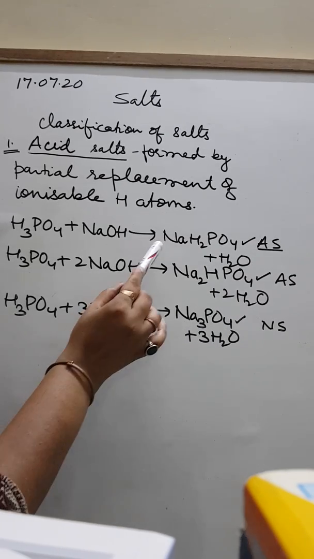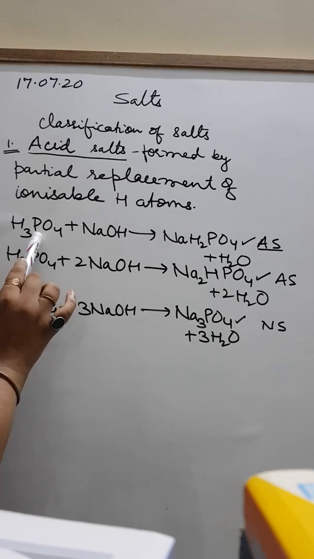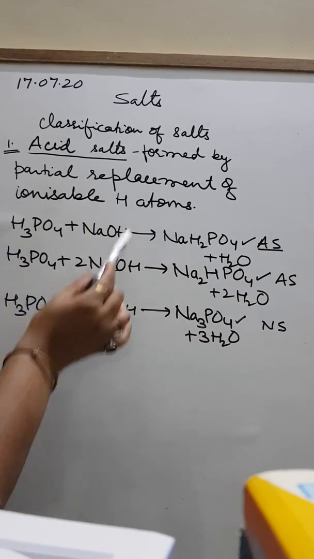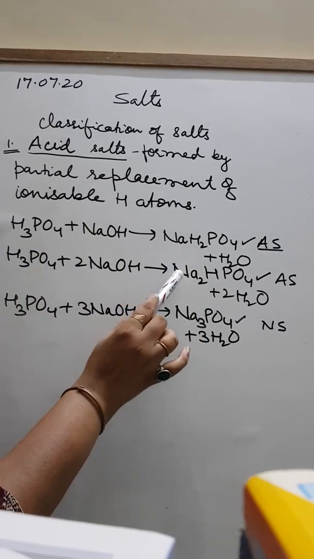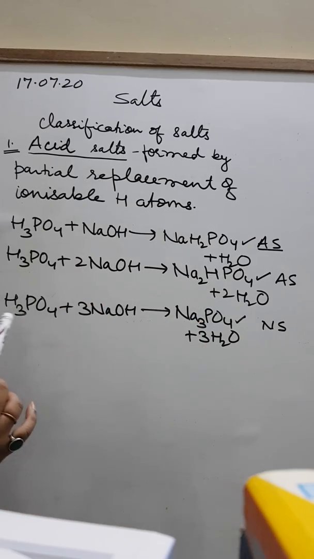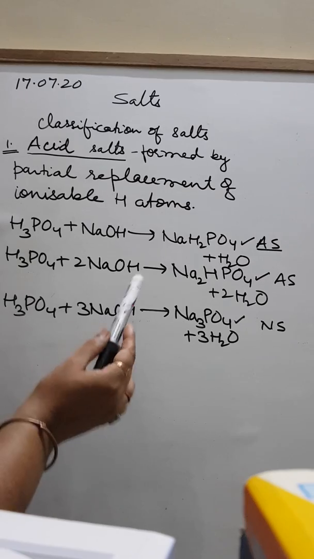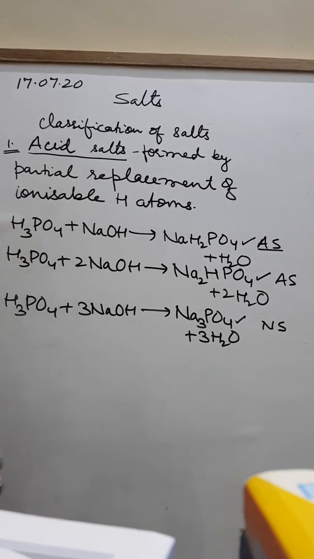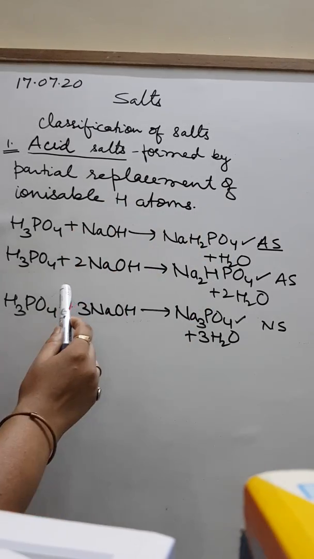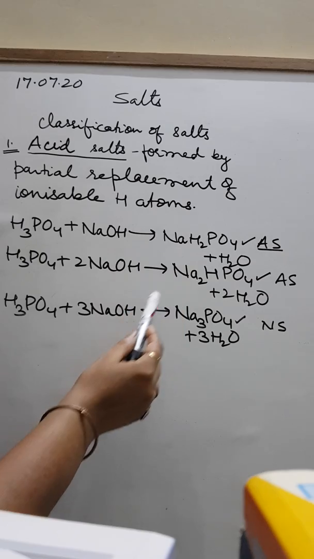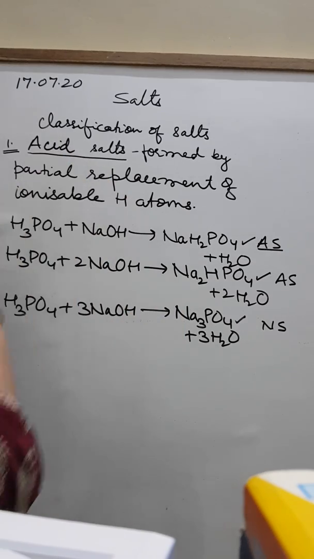So we see in the first case only 1 H was displaced out of the 3, 2 H were intact. Second case, out of 3, 2 got displaced, 1 was still left, and in the third case all 3 H got displaced. So you see, those salts which are formed by incomplete or partial replacement of ionizable H atoms are called acid salts.